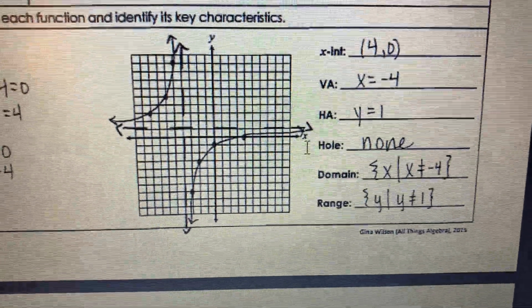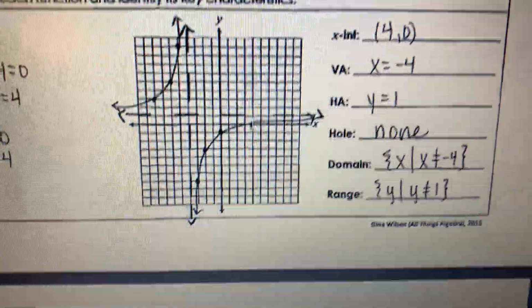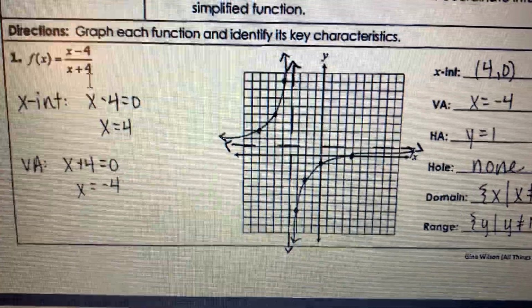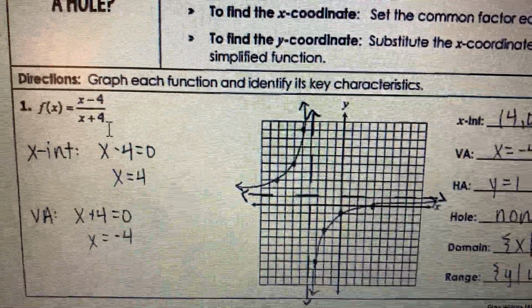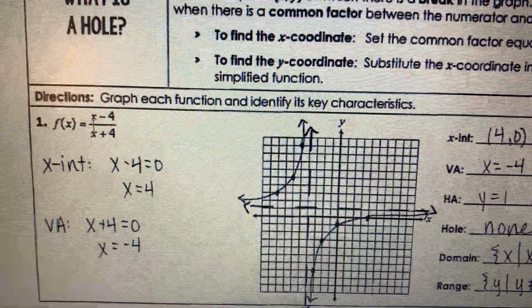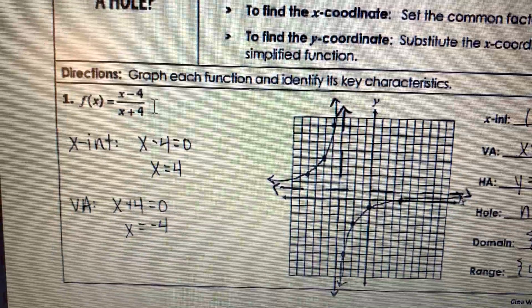All right, x-intercept. The value of the x-intercept is when y equals 0. So we need to find the value that makes the function equal 0. Well, how do we figure that out? Well, you can't divide by 0, but you can divide 0. And so, long story short, you can have 0 on the top, you can't have 0 on the bottom of a fraction.